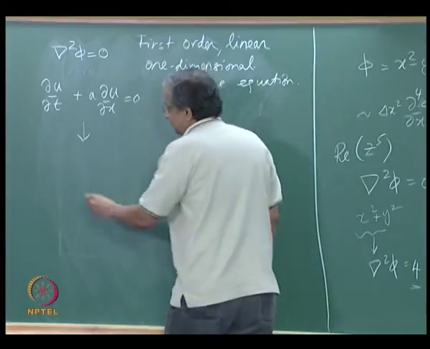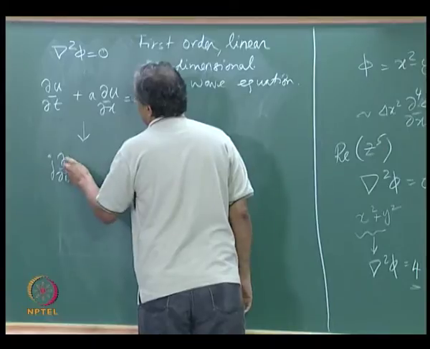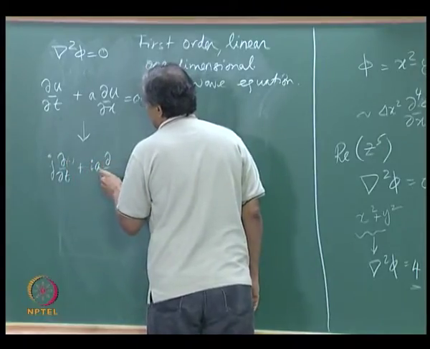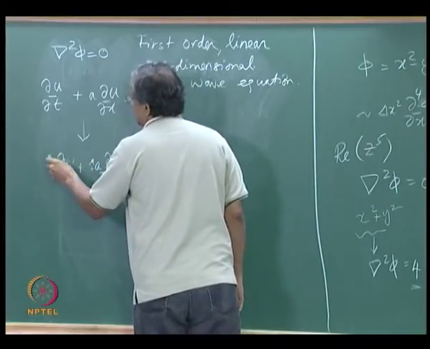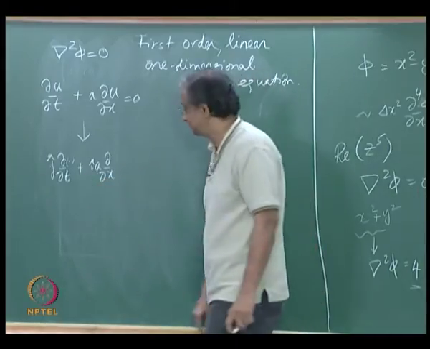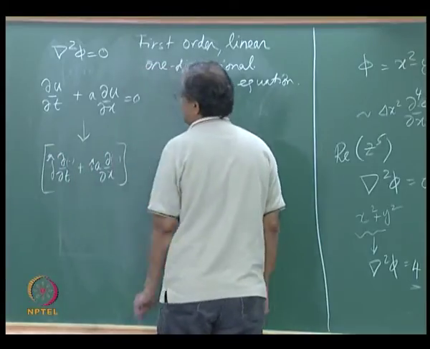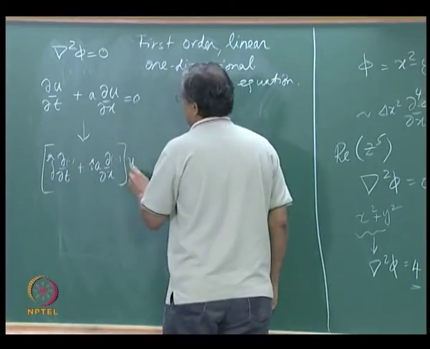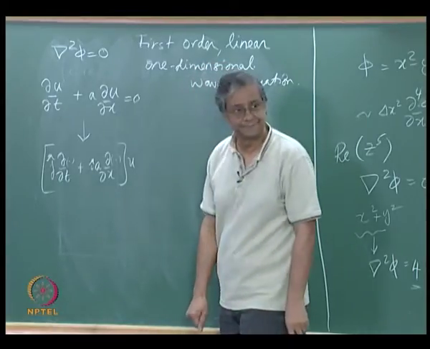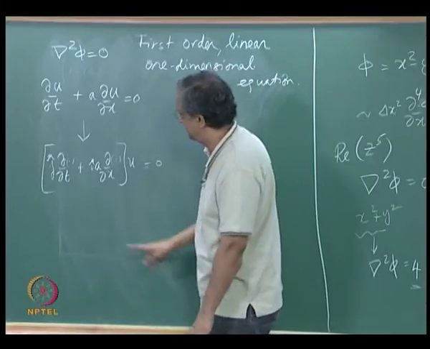So this looks like j dou by dou t, that is an operator, plus i a dou by dou x, where these are unit vectors in the standard Cartesian coordinate system, acting on u equals 0. What am I doing?